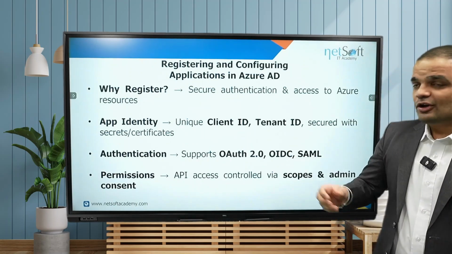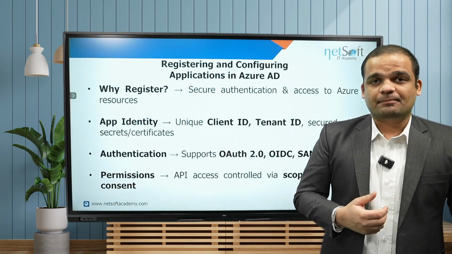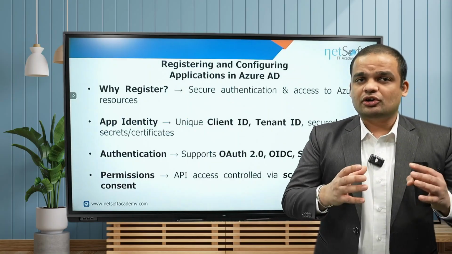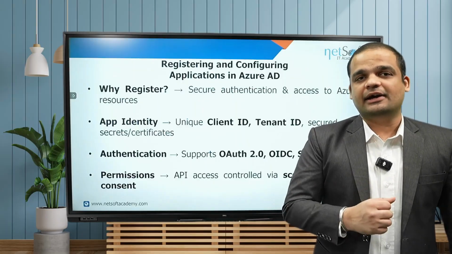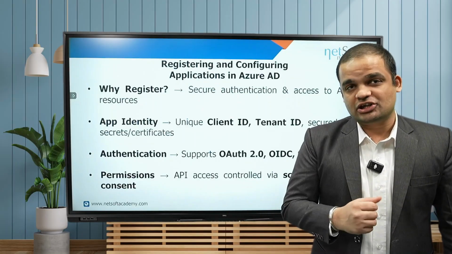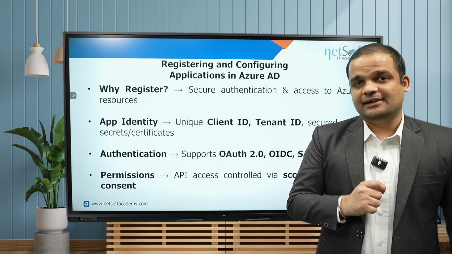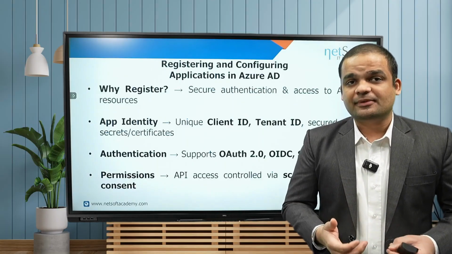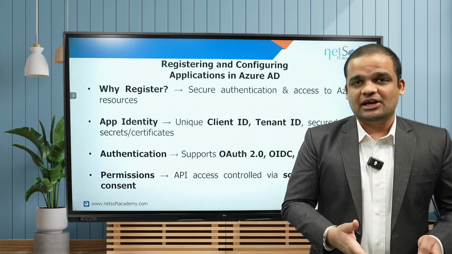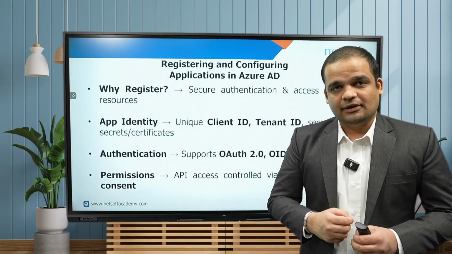The next is your application identity. Now, each registered application has a unique client ID or client identification, plus a tenant ID. These IDs help identify the application and authenticate it.